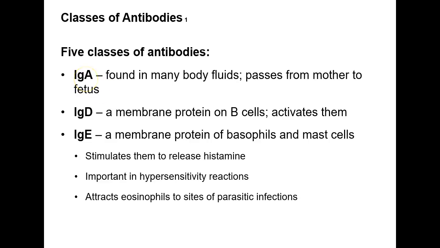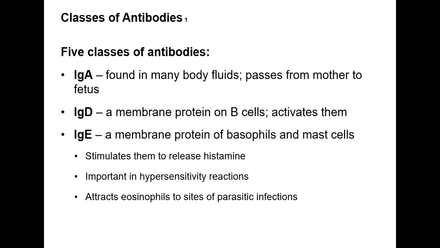During pregnancy, the IgA antibodies can actually cross the placenta and pass from the mother to the fetus, and that will temporarily help protect the fetus from antigens that the mother potentially was exposed to during pregnancy. Once they are born, at least for a few months, these IgA antibodies can also be passed from mother to baby through breastfeeding. So you can pass these antibodies through breast milk as well.